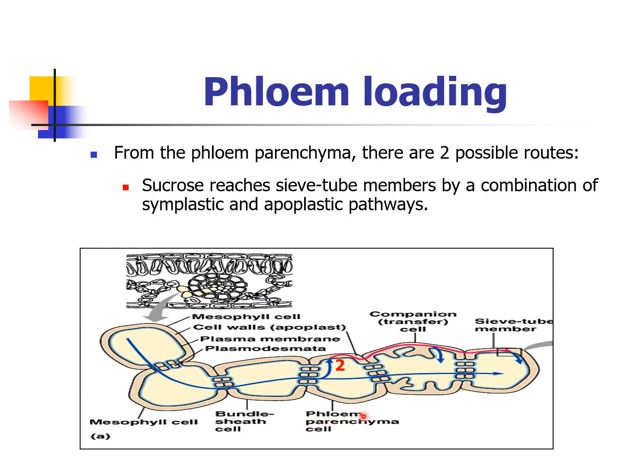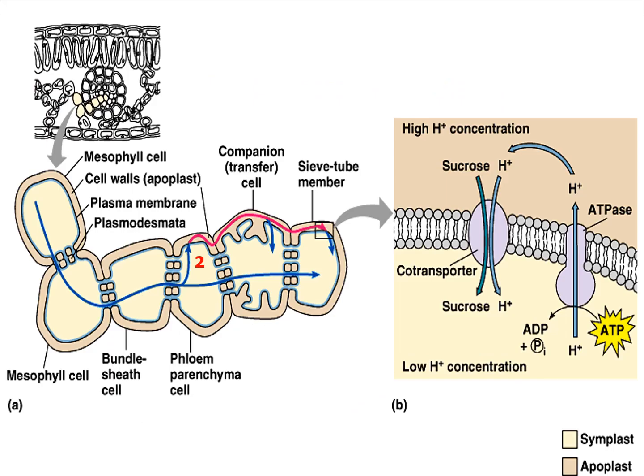From the phloem parenchyma, another possible route for sucrose to reach the sieve tube member is by a combination of apoplastic and symplastic pathways. From the phloem parenchyma, sugars first pass into the leaf apoplast.